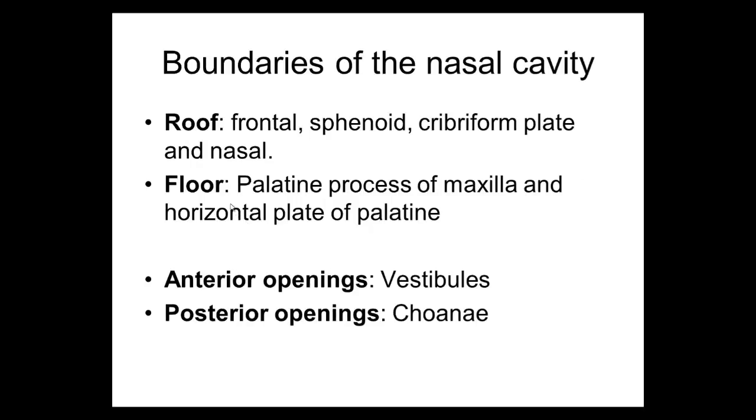Okay. So the roof of the nasal cavity is made by bones. These are the frontal, sphenoid, and cribriform plate of ethmoid. The floor is made by the palatine process of the maxillary bone, or the maxilla, and also by the horizontal plate of the palatine bone. Anteriorly, as we said earlier, will be the vestibules, another name for which is the anterior nares, and posteriorly we're going to have the choana, or the posterior nares.